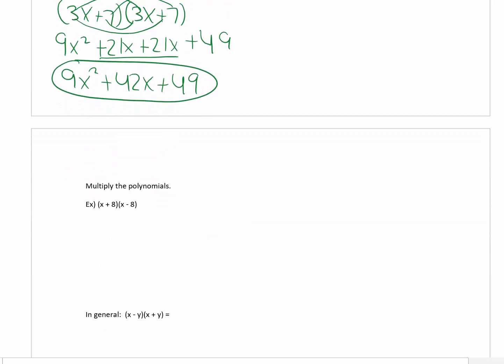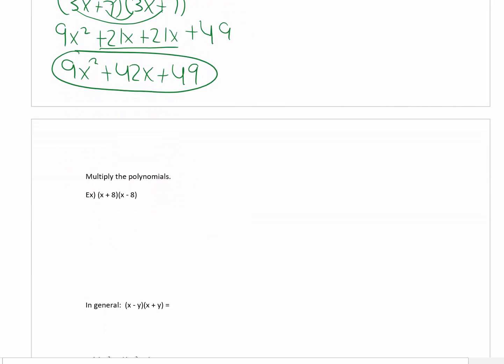Okay, now, for the next example, notice the binomials are exactly the same. Both contain x's, both contain 8's, except the sign in between, one is positive and the other one is negative. Well, let's see what happens when we multiply.